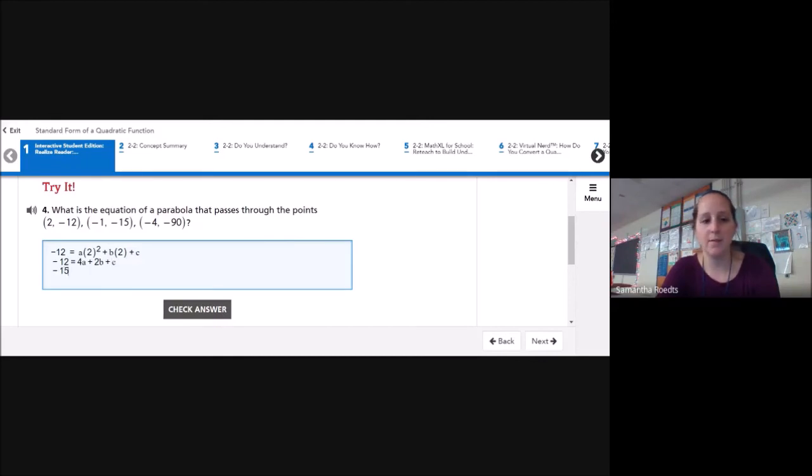I have negative 15 equals a minus b plus c. And then my last one is negative 90 equals negative 4 squared is 16a minus 4b plus c. So those are my 3 equations, which I can then change to a matrix.